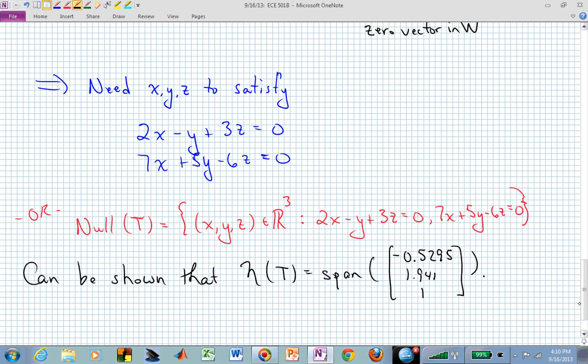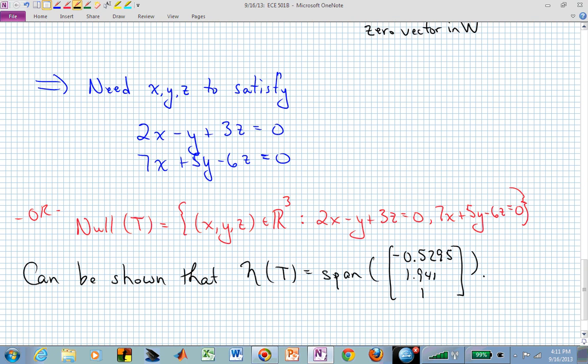Or we could write it: the null space of T, or this script N of T, is this three-dimensional vector x, y, z, an element of R3 such that these two relationships hold. And those are just the ways that the first coordinate and the second coordinate are defined in this new two-dimensional space. And if you set up the equations, you can find that the null space of T actually is along a line in this three-dimensional space.